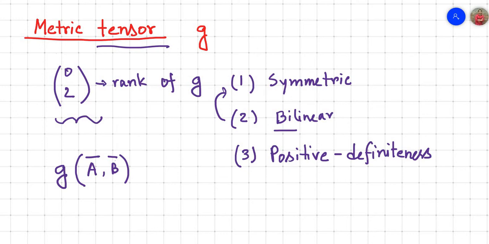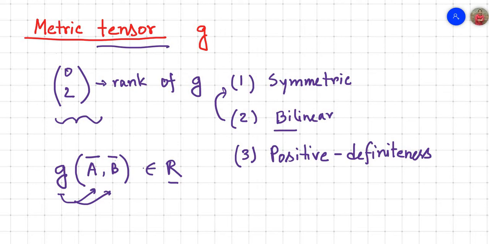And so what rank 0,2 means is that this tensor can devour these two vectors and spit out a number. So this whole object is a number. Let's just say it's a real number. It's also possible to have different sets rather than R, but let's stick to the physical sense. So that's a machine that eats two vectors and spits out a number.